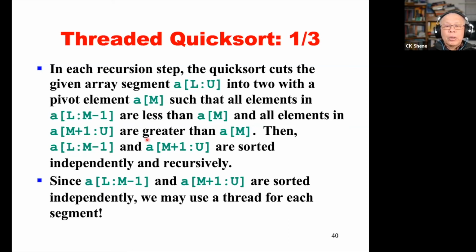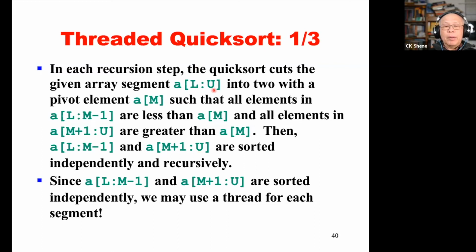Then we recursively call the quicksort function to sort M plus 1 to U. When both subsections are sorted, the array from L to U is sorted. So this is what the recursive quicksort does in order to sort an array. Let's ignore its complexity because we only need the idea.